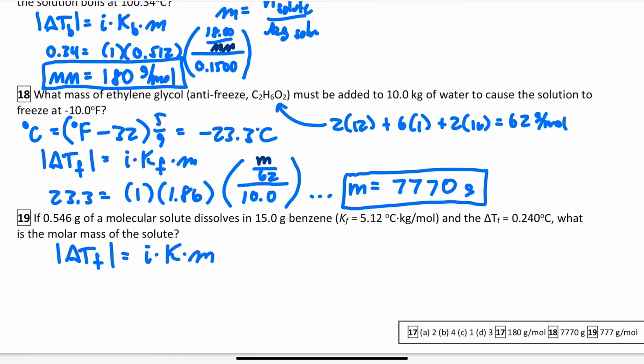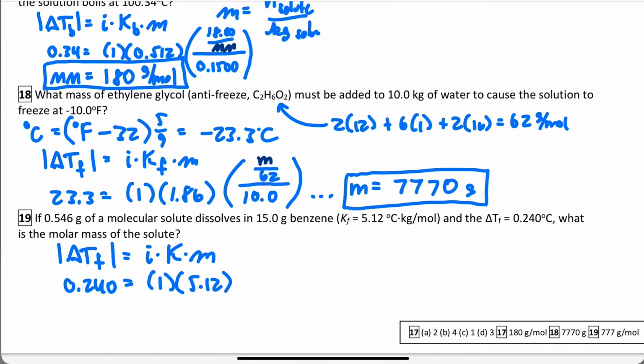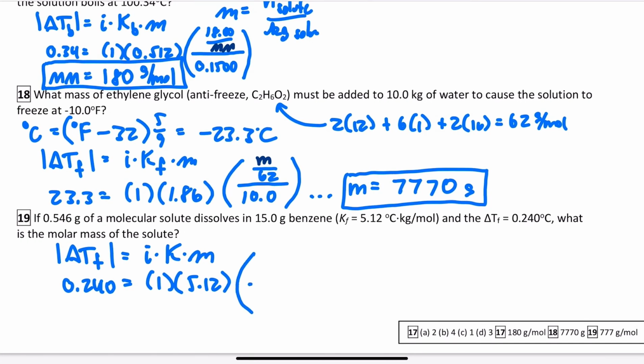The delta T is given right there, 0.240. i, well, it says it's molecular, so once again, i is just 1. K is given because it's a different solvent, 5.12, much bigger than it is for water. And then the molality has the molar mass buried within it.